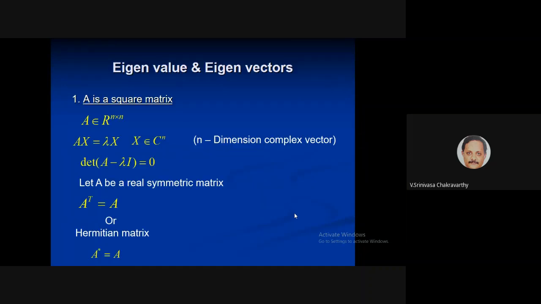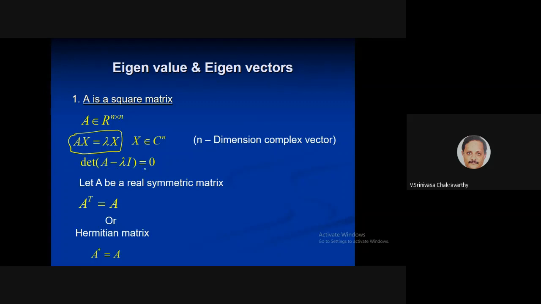If A is a square matrix, that is, if A is a member of the set R^(n by n), then the eigenvalue equation is given by this equation. X is an n-dimensional vector. It could be a complex vector of dimension n. To find the eigenvalues, you need to solve the determinant of A minus lambda I equal to 0.